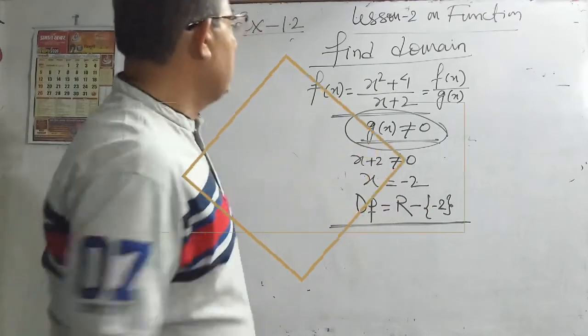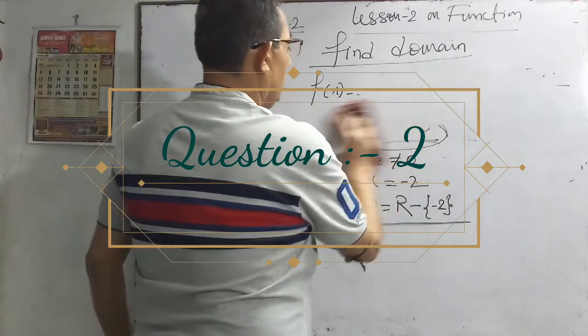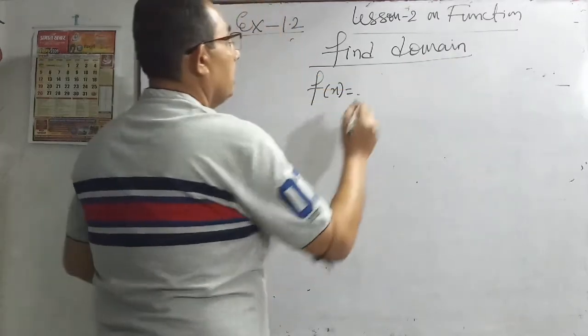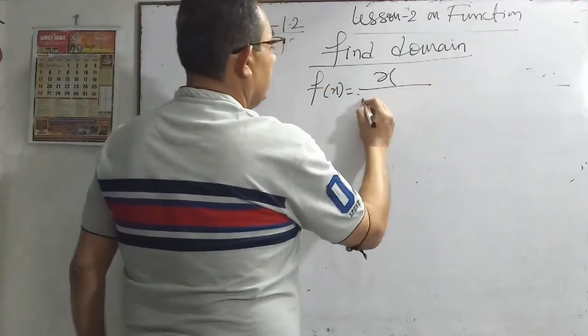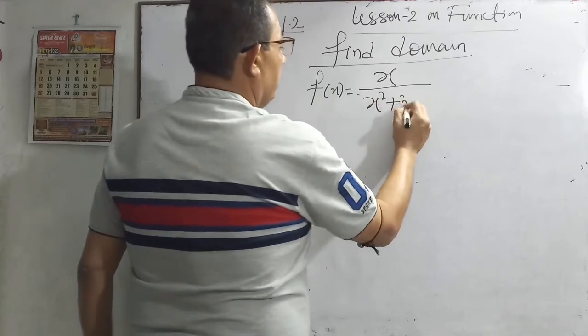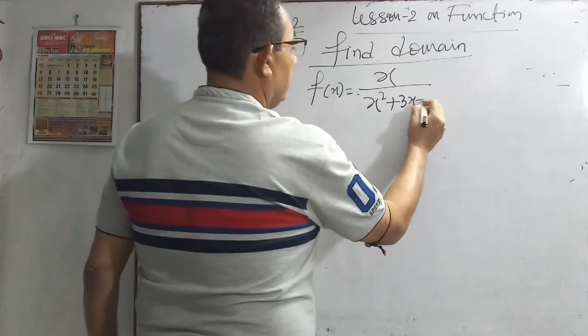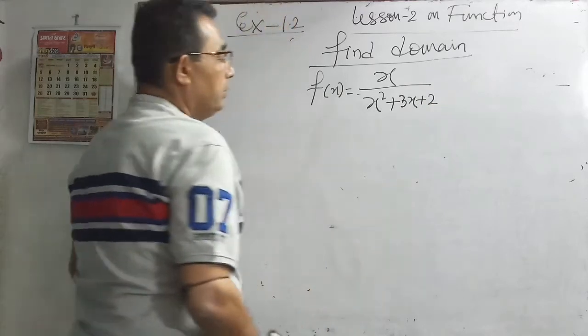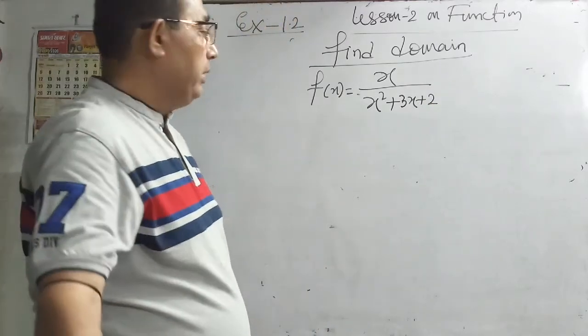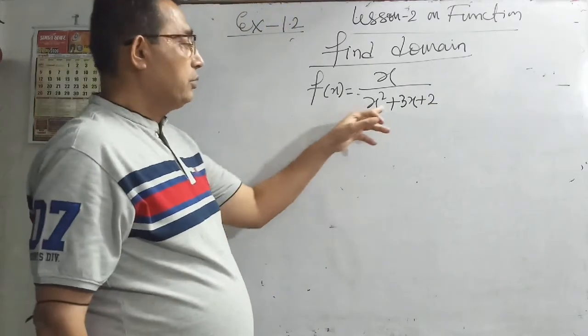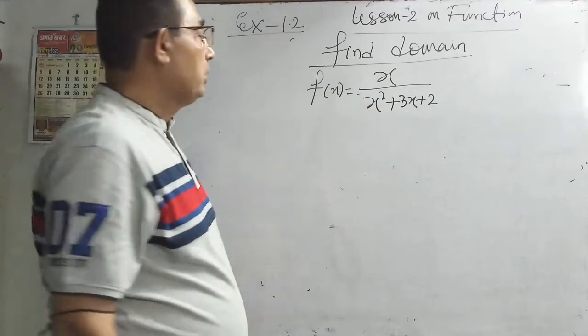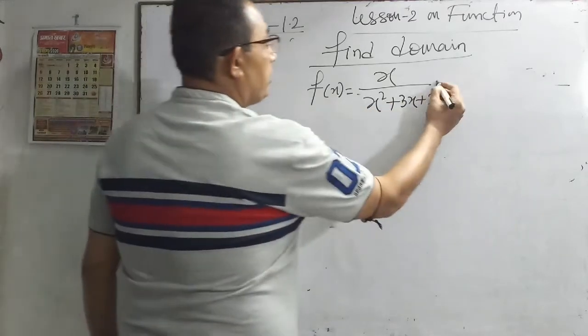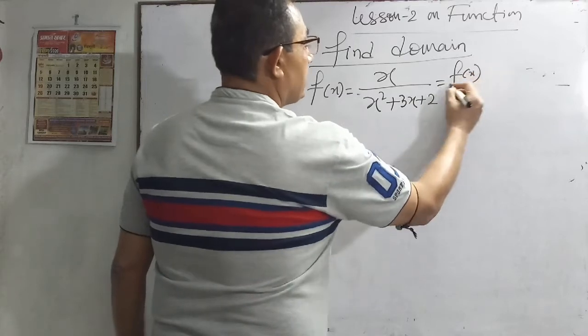Next question, you see: x/(x² + 3x + 2). You have to find the domain. Now it is also f(x) by g(x).